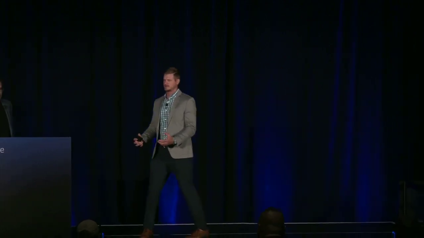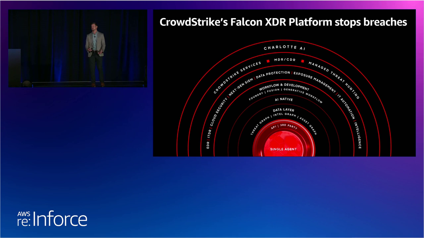Yep. And awesome. I'll talk about this, but if you're not familiar with CrowdStrike and what our mission is, at its core what we really believe in is stopping breaches. And we do this, as Rob alluded to, with a unified platform that's built on this single agent. And so we sit across many vectors.